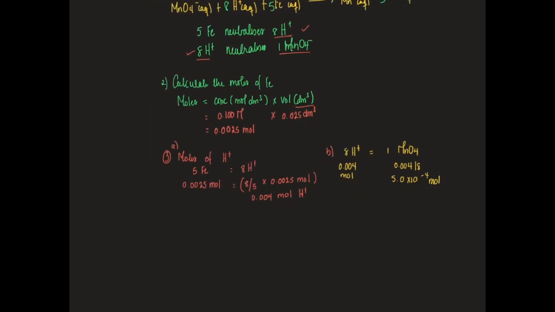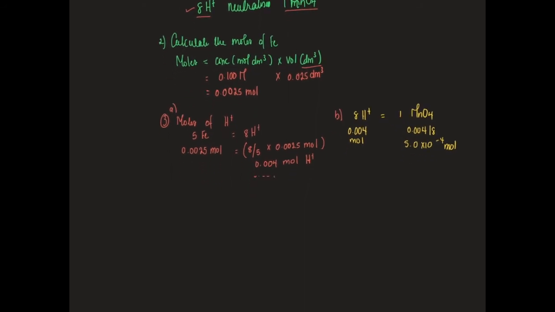So now we have the moles of permanganate. What are we going to do now? We're going to go through the final step, and that is to find the concentration of permanganate. So we have the number of moles here, which we just found out, 5.0 by 10 to the negative 4 mole.